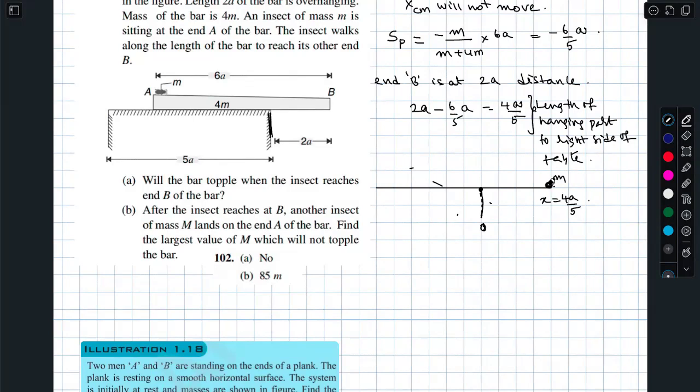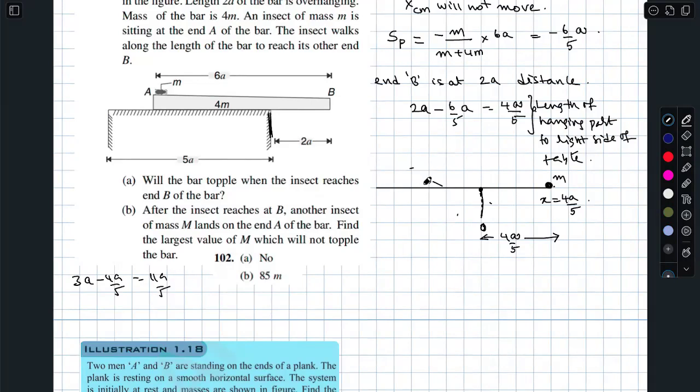Where lies the center of the plank? It will be 4A by 5 from the edge. So 3A minus 4A by 5, roughly, is 11A by 5.